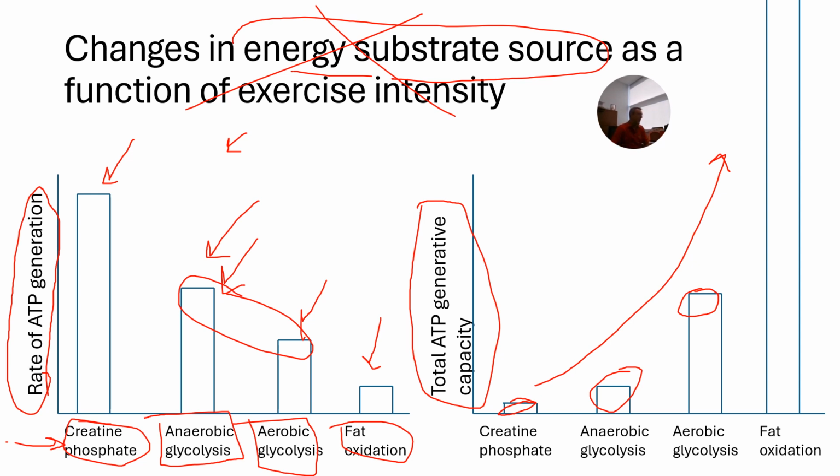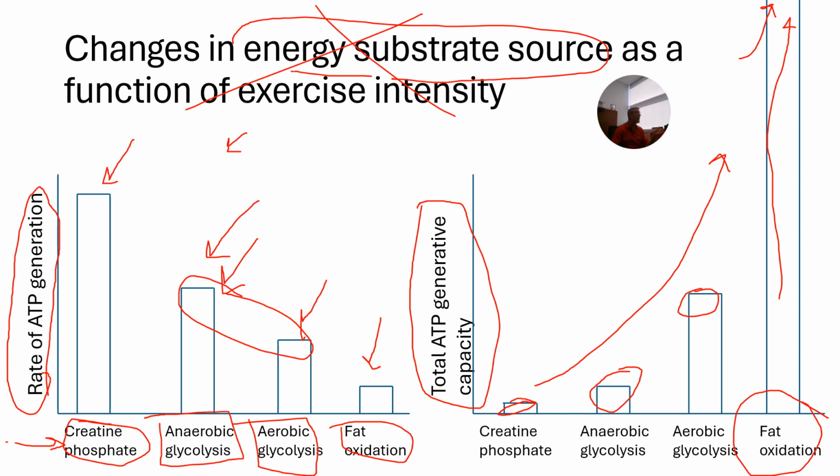But then we come to the last one, right? Fat oxidation. Remember, fat oxidation, you're only running through the citric acid cycle, and we get far more calories per gram of fat, and we store way more fat than we store glycogen. And now the total ATP generative capacity, I actually did not put a top on this. It goes up through the ceiling here of your screen.